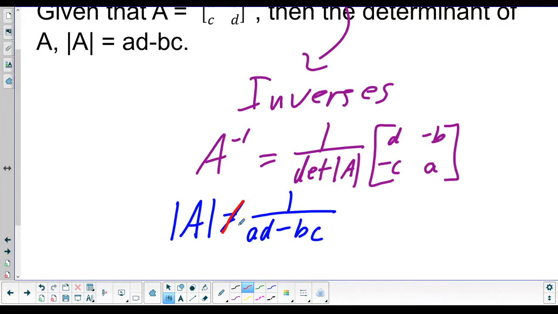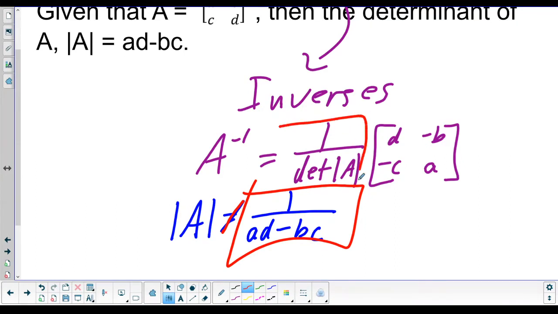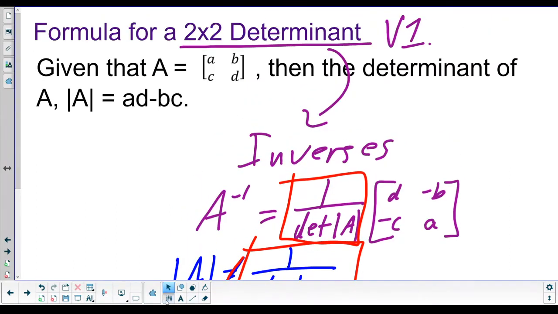Sometimes your parents tell you something that they wholeheartedly believe is true, and they just didn't fact check their sources. So, yeah, I goofed. This is 1 over the determinant. This is the actual formula for the determinant right here. It's just AD minus BC.